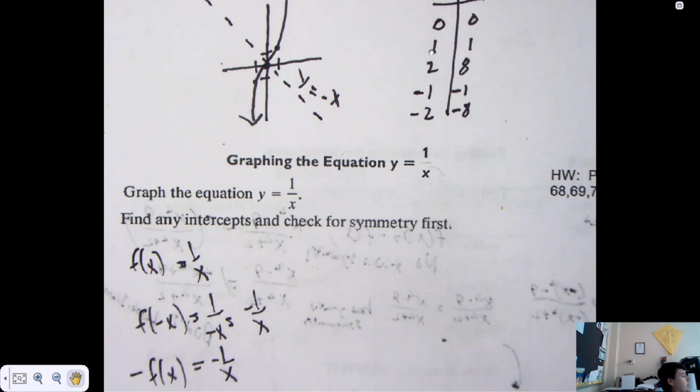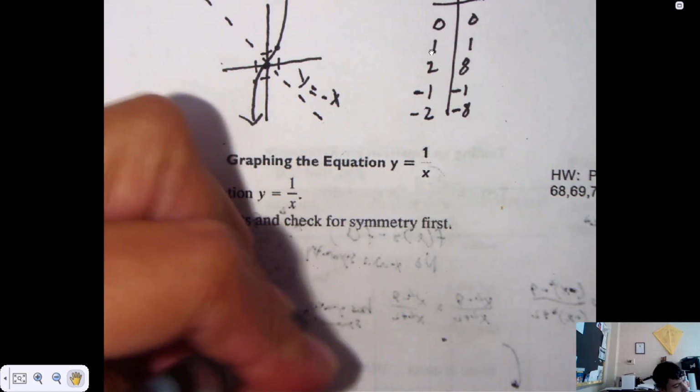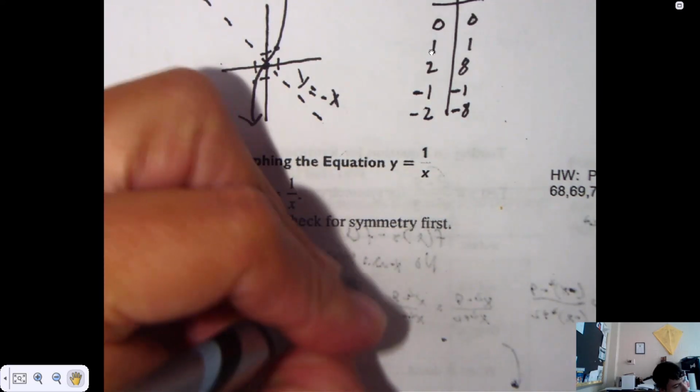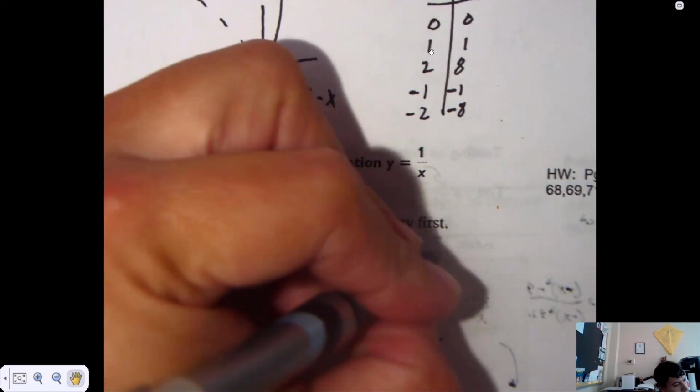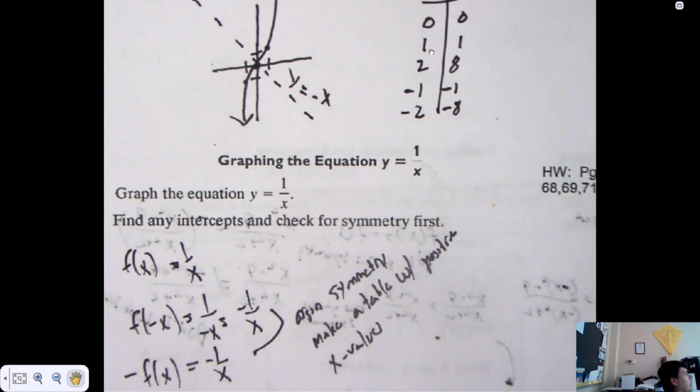I can't hear you with the mask on. You got to talk louder through a mask. Origin, that's right, Savannah. This is origin symmetry. So what I'm going to do is make a table with positive x values and use the values I get back and flip them.